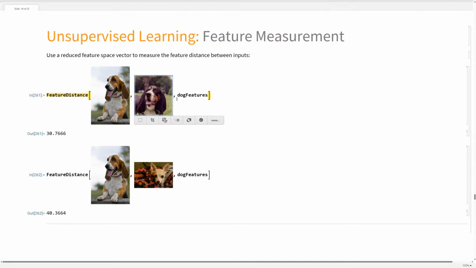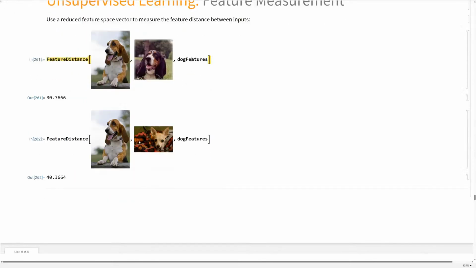They have similar colors, right? But these two dogs look extremely different. One is the hound dog, the other one, I'm not very familiar with dog breeds, but looks like a smaller dog with pointy ears. So that's why the feature distance here is 40, and this one is 30.